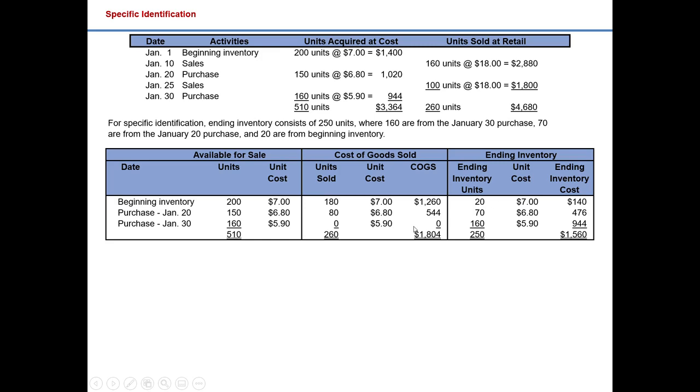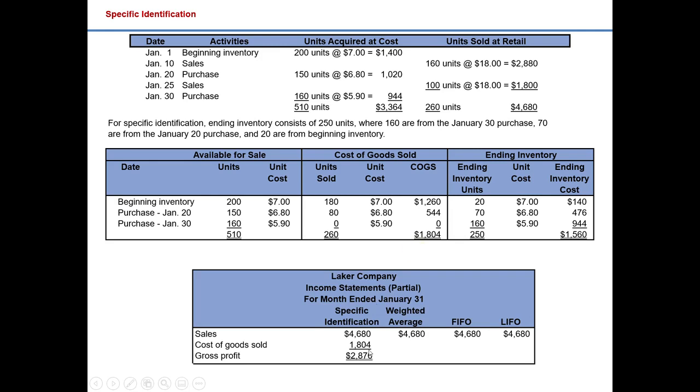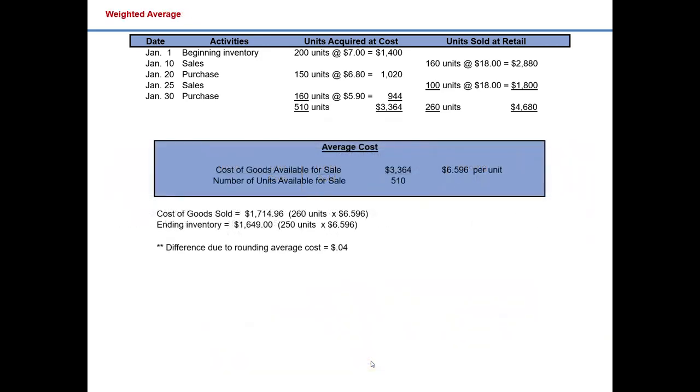We totaled up that under specific identification, cost of goods sold was $1,804. Pulling this down into the first part of our multi-step income statement, cost of goods sold under specific identification is $1,804 minus the sales value of $4,680 gives us a gross profit of $2,876.